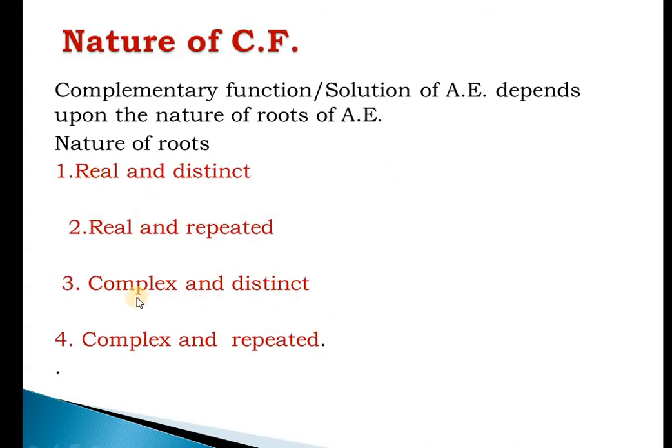Some roots are real, some are complex. Some roots are real and repeated, some roots are real and distinct. But mainly the types of roots we divide into 4 parts. First is real and distinct roots. Second is real and repeated. Third is complex and distinct. Fourth is complex and repeated. So according to these 4 types, we write the complementary function.